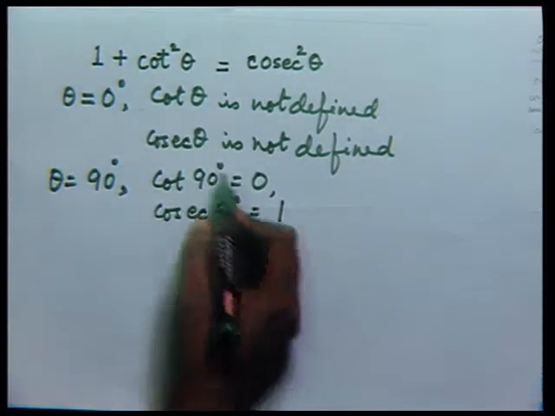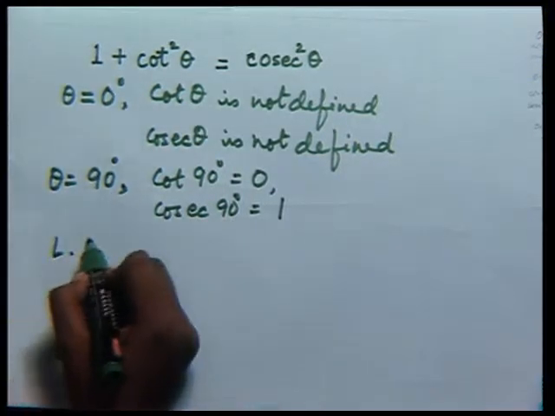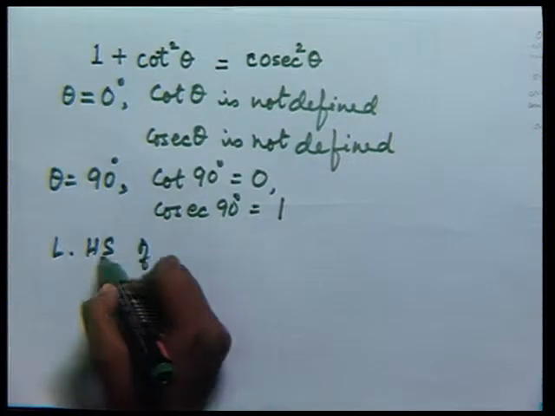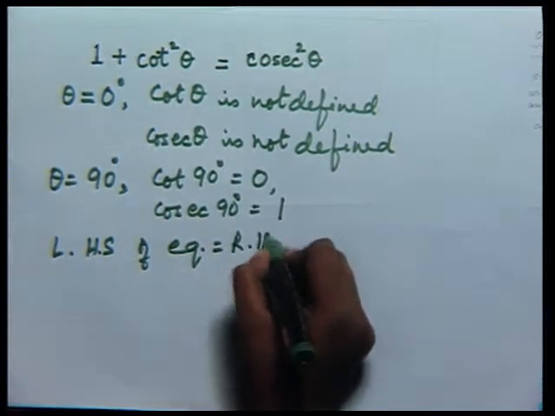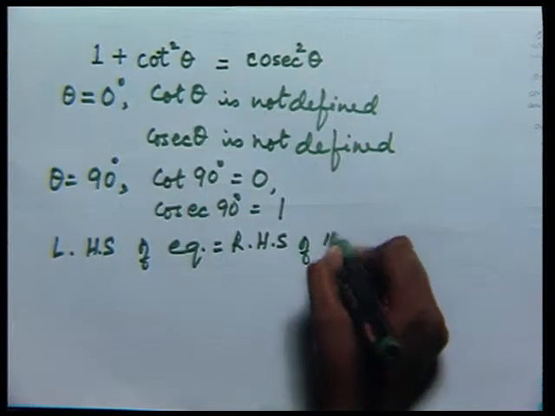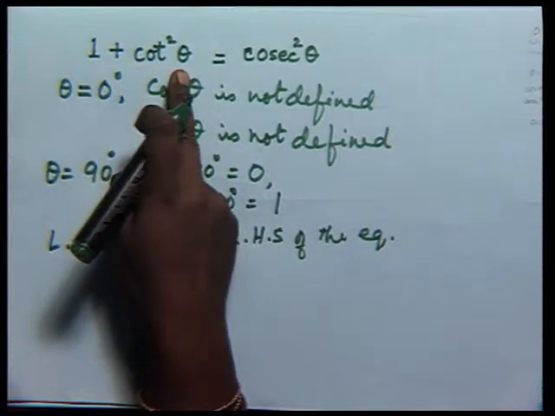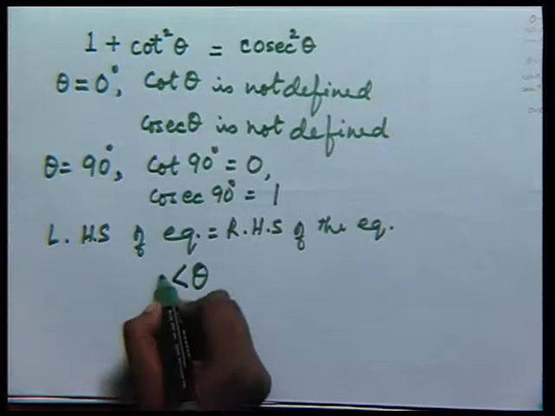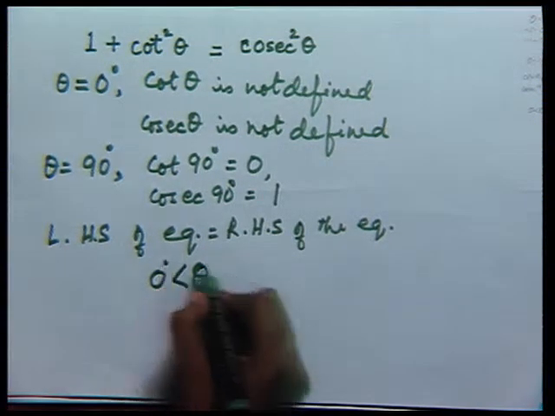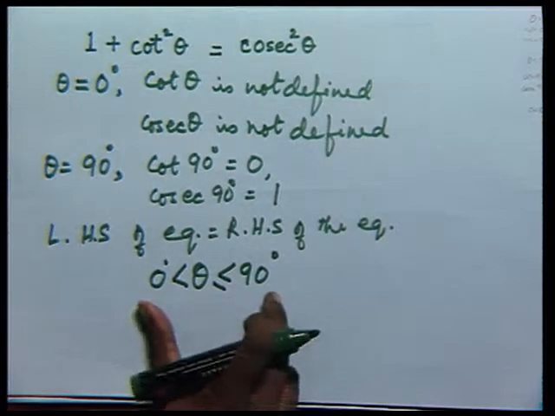Therefore, again for theta equal to 90 degrees, we find that the left hand side of the equation is equal to the right hand side of the equation. That means this equation 1 plus cot square theta is equal to cosec square theta is defined for theta greater than 0 degrees, but less than or equal to 90 degrees. It is defined in this interval.